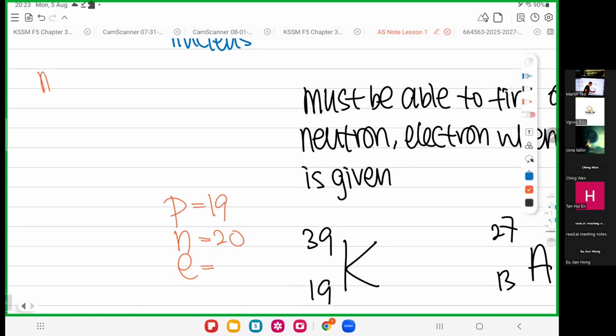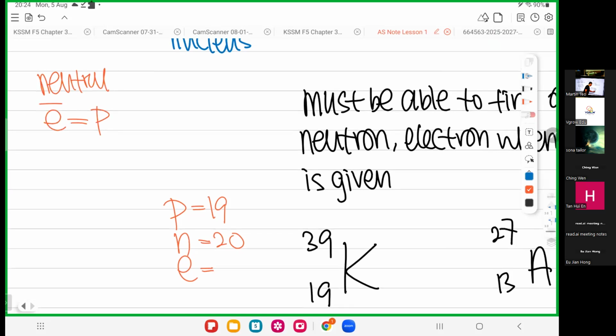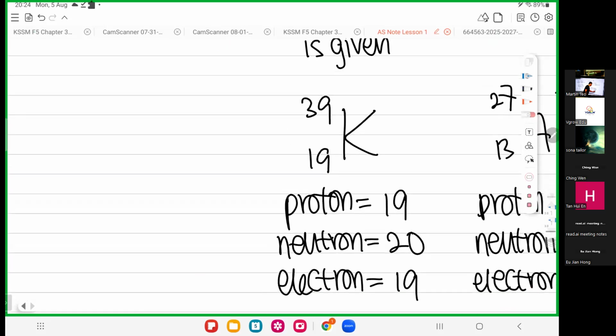If the substance is neutral, then the number of electrons will be exactly the same as protons. In this case, the potassium is neutral. We don't see any charges. So when it is neutral, the number of electrons should be exactly the same as the protons, which is 19. Okay, so I hope everyone knows how to get the number of protons, neutrons, and electrons for potassium.